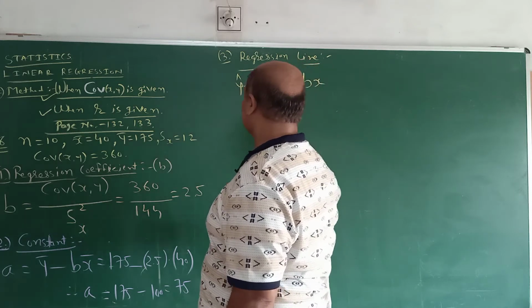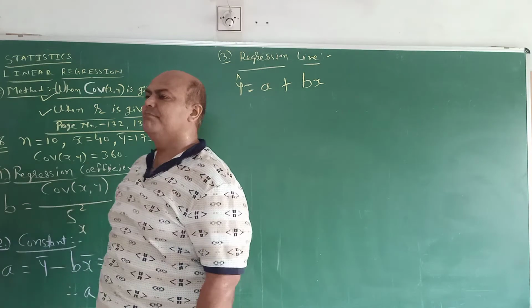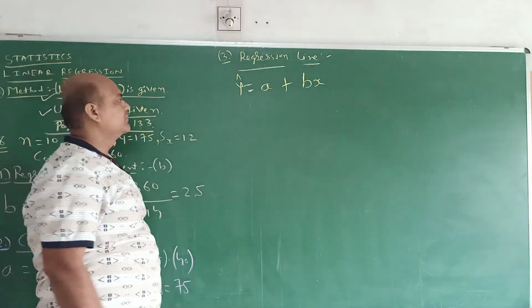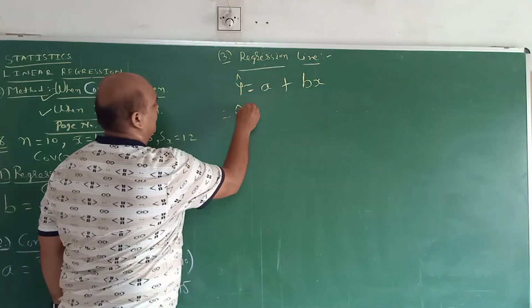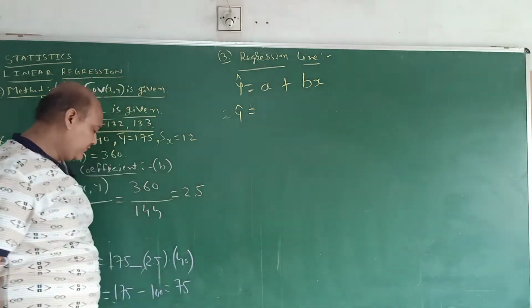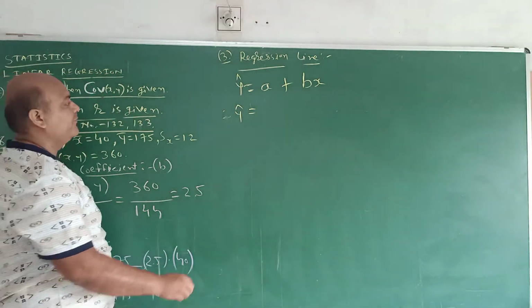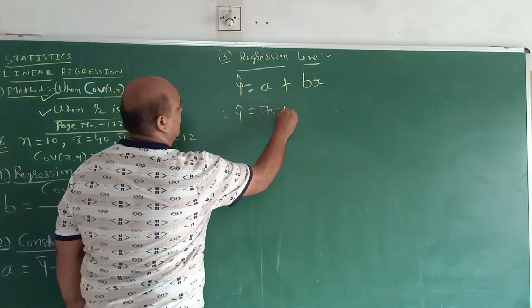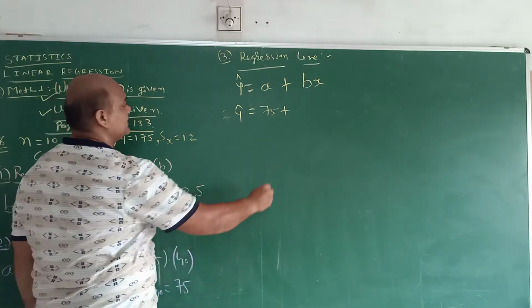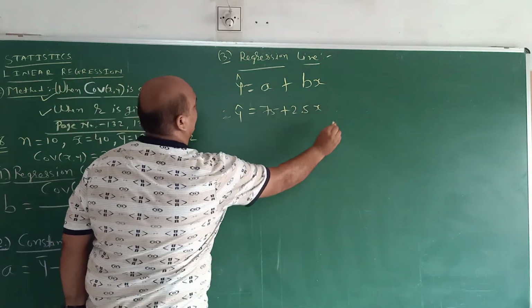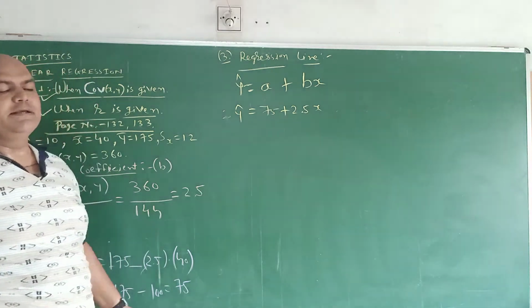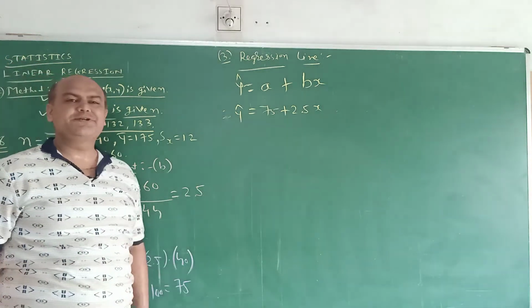Y cap is equal to a plus bx. The answer of A is 75 plus the answer of B, 2.5x. Here the third step is ready, regression line y cap.